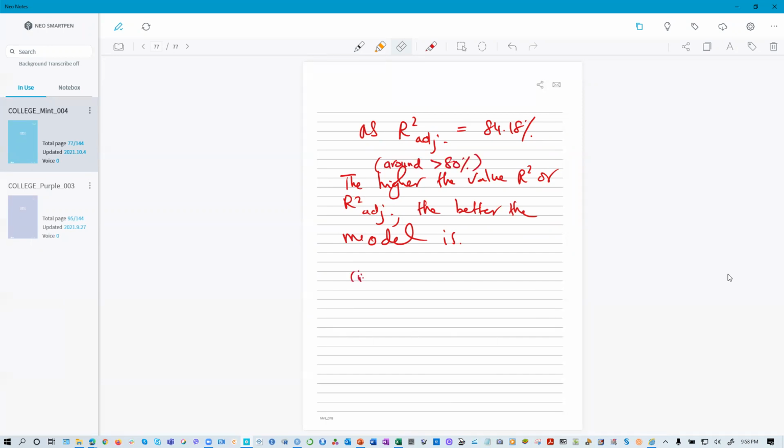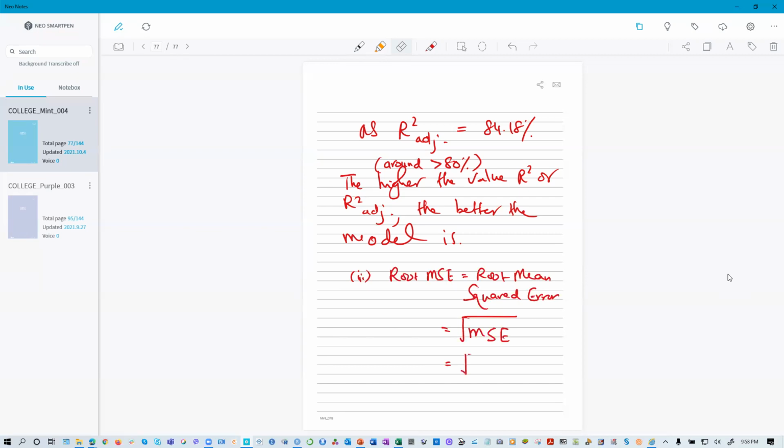And the third one, we can look into root mean squared error. This is nothing but you go to the mean squared error, which is already given, and take the square root of that.